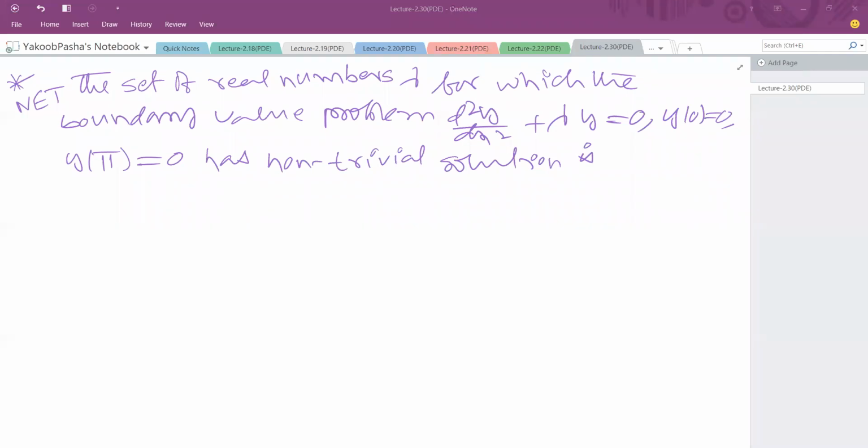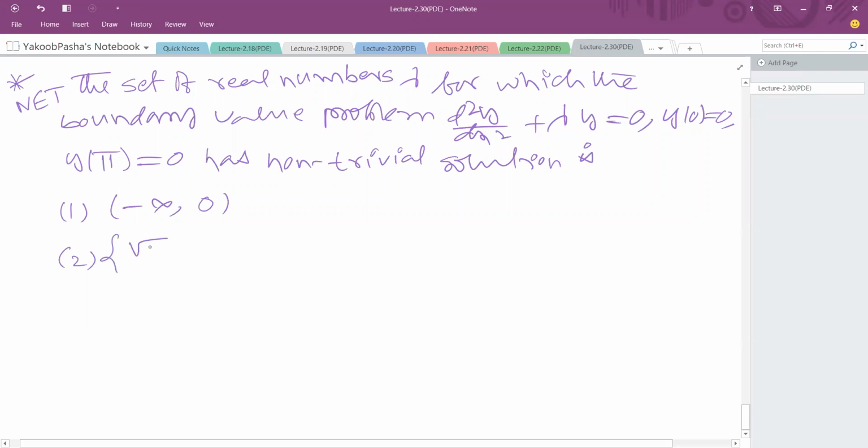First option, open interval minus infinity comma 0. And second option, set of root n such that n is a positive integer.